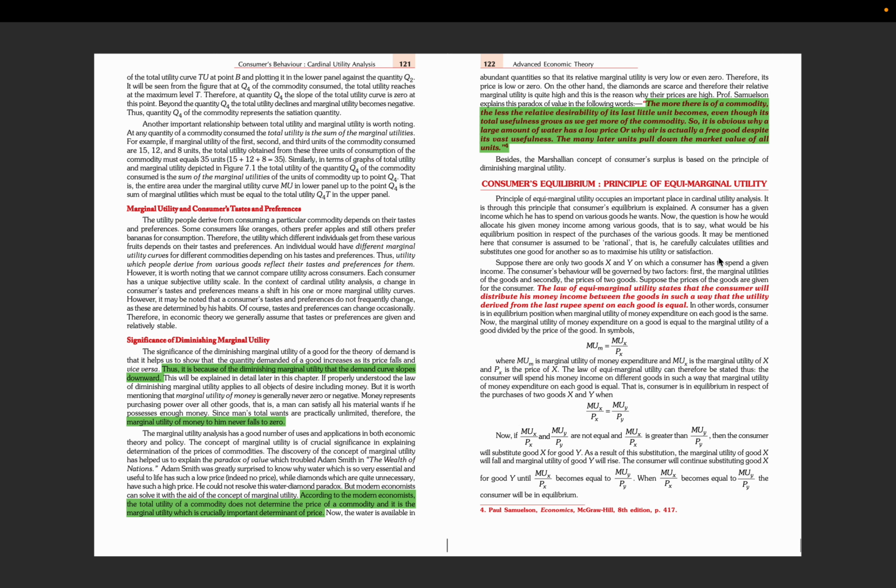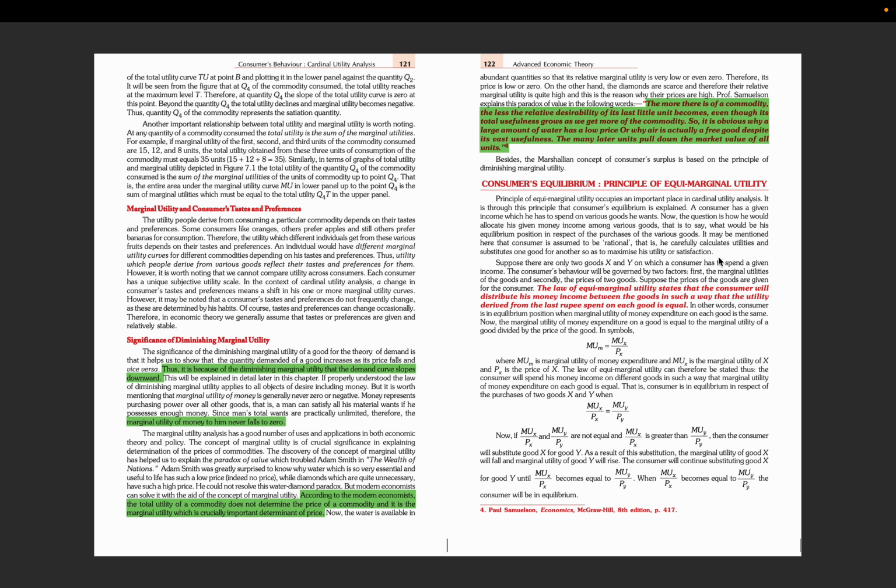We know that if there has to be some kind of money allocation, it would depend on two factors.